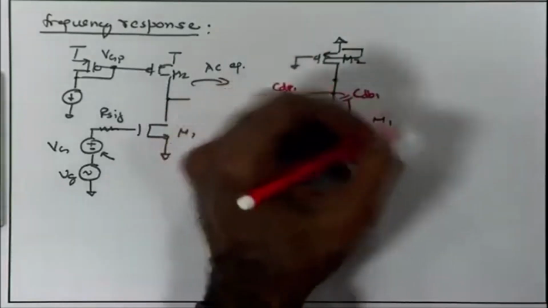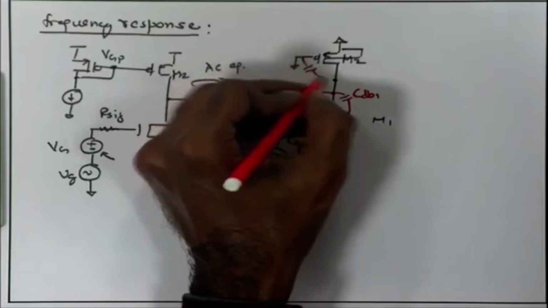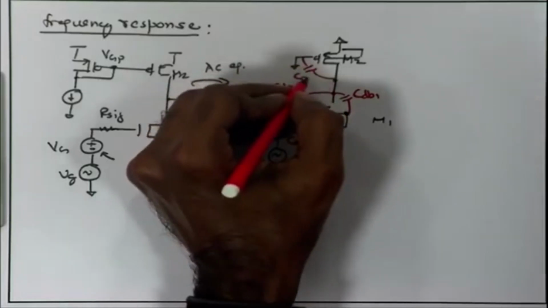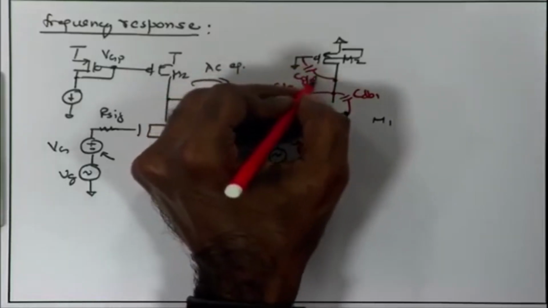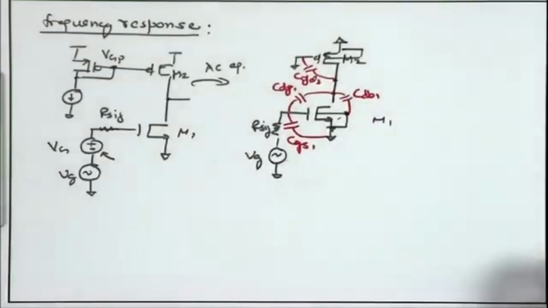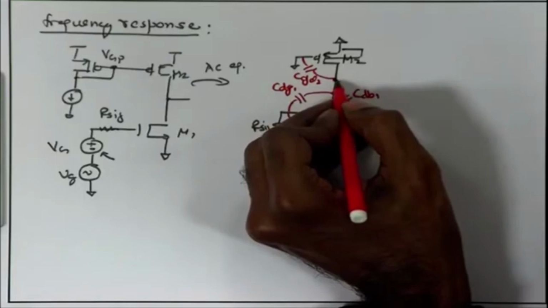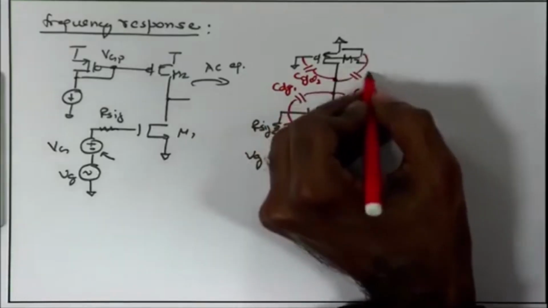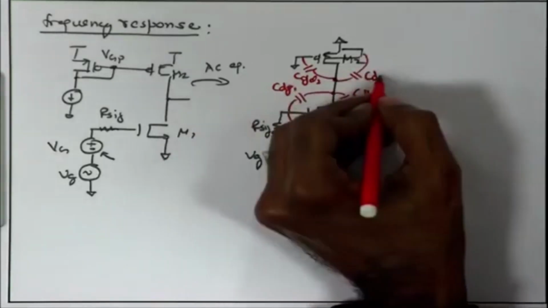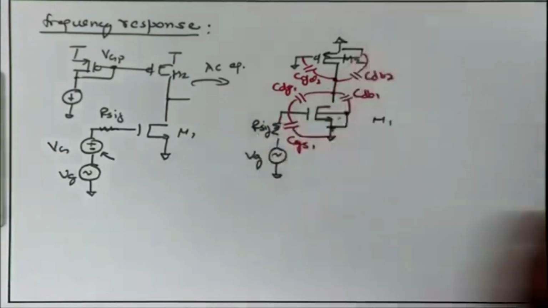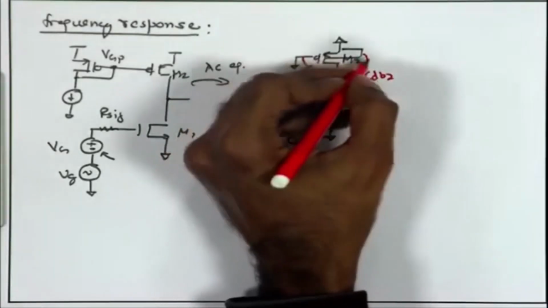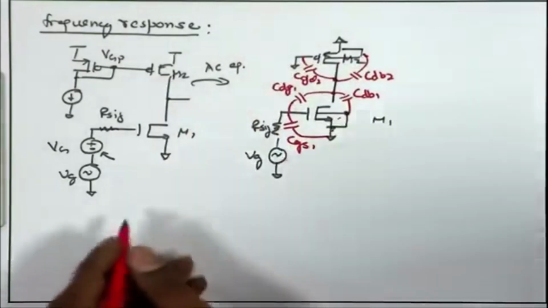Likewise, for M2 once again you have the CGD2, which is between the drain and the AC ground, and likewise at this node I have the CDB2 between the drain and the body terminal of M2, which is again an AC ground, right.